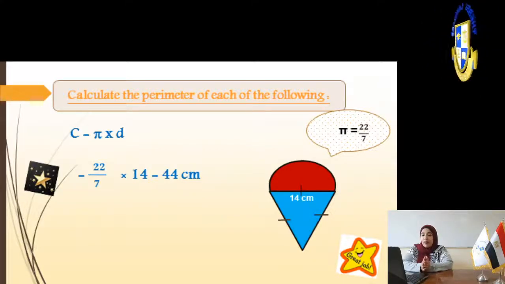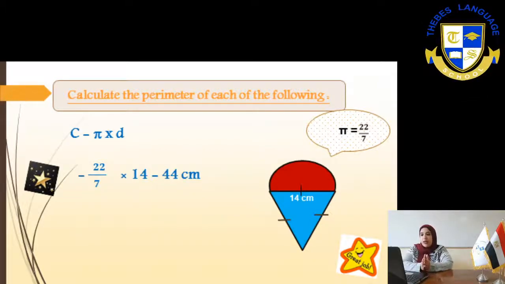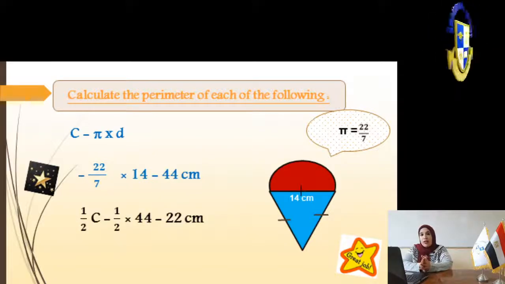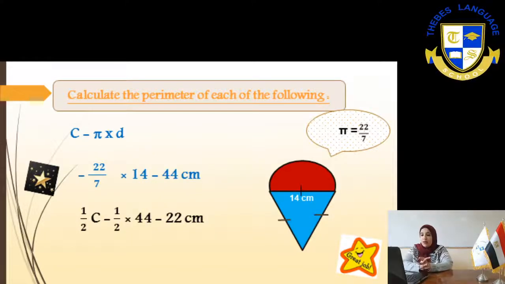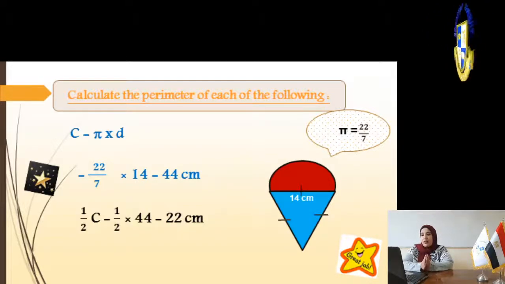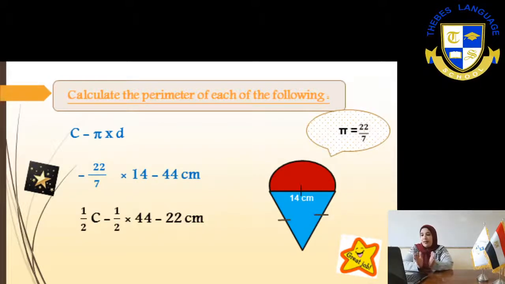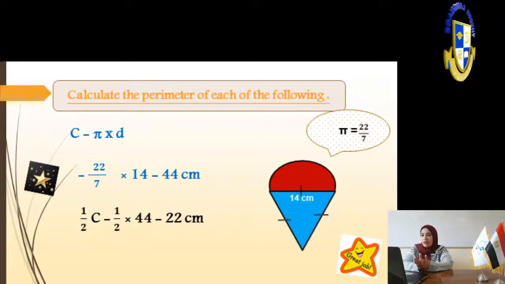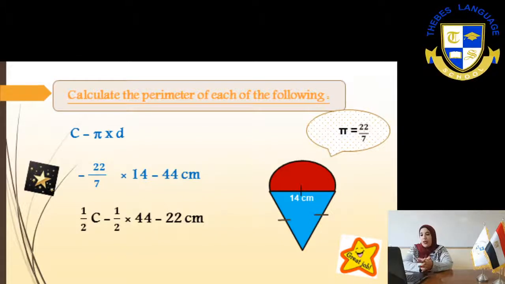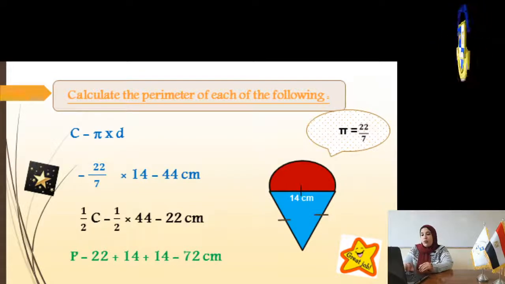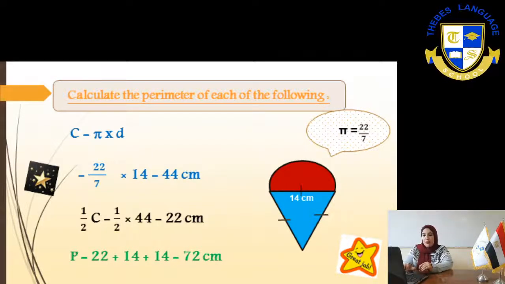How can you get the circumference of the half circle? Half by 44 equals 22 centimeters. Now the perimeter of the whole figure will be the 22 centimeters and the length of the two sides, which is 14 and 14. 22 plus 14 plus 14, the answer will be 72 centimeters.